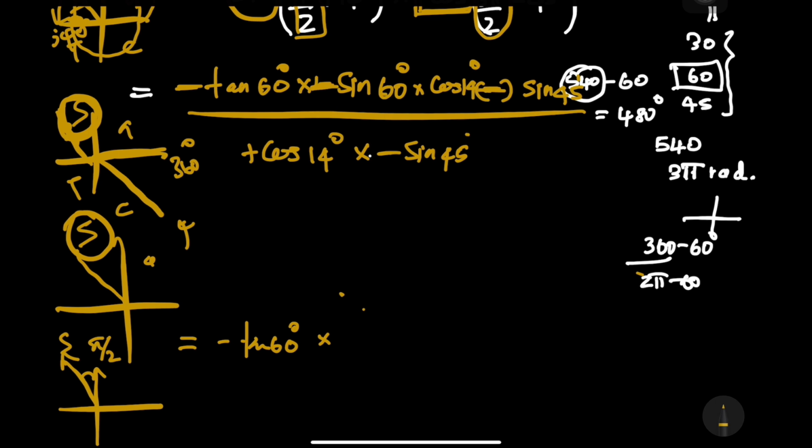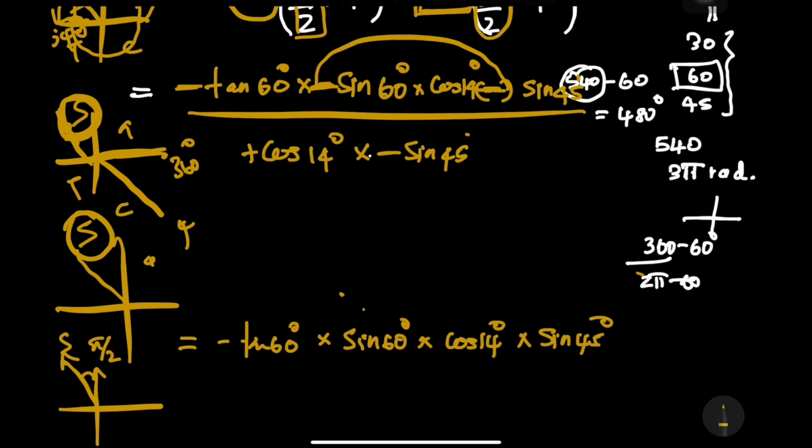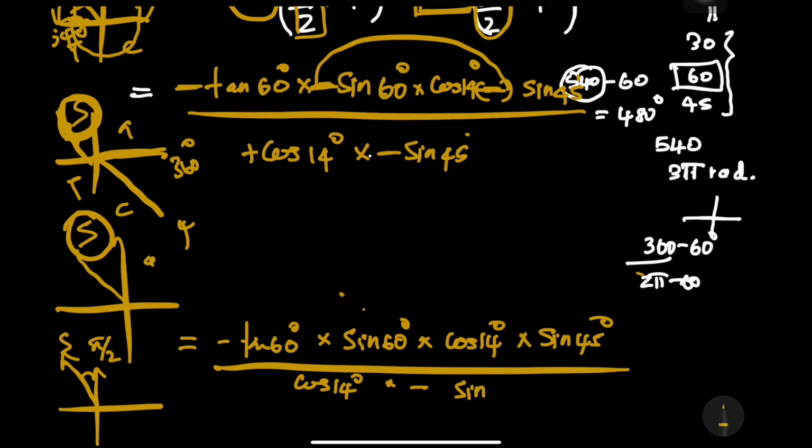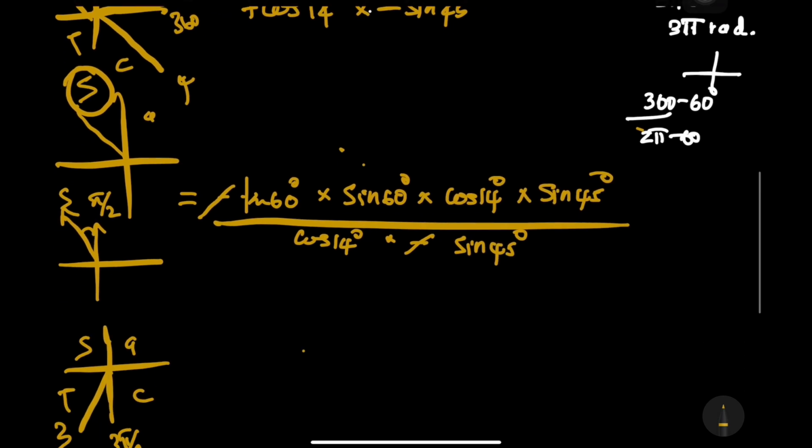You can multiply these two, minus into minus is plus, sine 60 into cosine 14 into sine 45 over cos 14 and minus sine 45. Then you can cancel this minus and minus. It's going to be cancelled out on the top and the bottom. And cos 14 you can cancel it, and I'm going to apply all the values that we know to find out the final value.